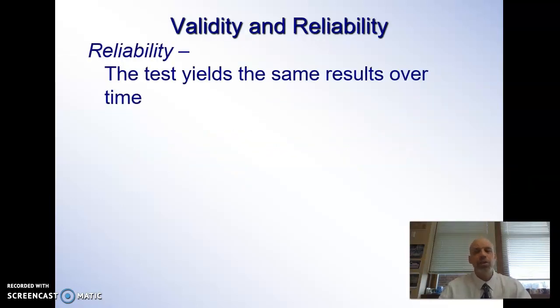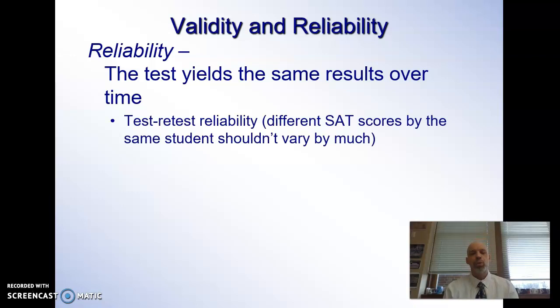The second term to know is reliability. This is when you have a good, solid test that is going to get the same results over time. So, retest reliability is this. If I take the SAT as a junior, and then I want to improve my score, so I take it again as a senior, I very well could improve my score, but the SAT test is known for having good reliability.